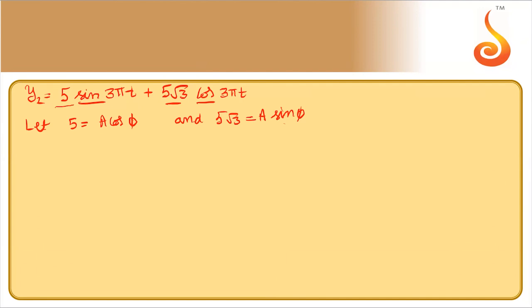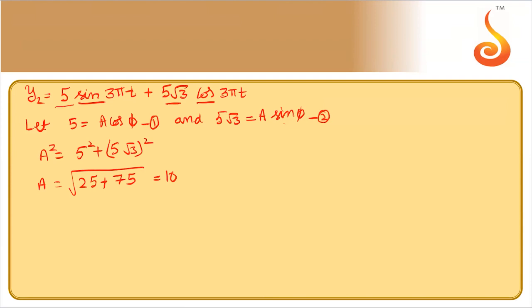Now, if I square and add these two, I'll get a squared equals 5 squared plus (5 root 3) whole squared. So a is equal to root of 25 plus 75, that is 100, that is 10. So a is equal to 10. Let us call this 1, this 2.